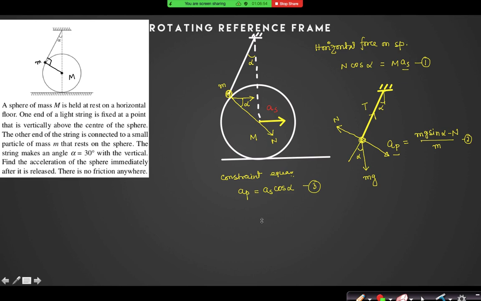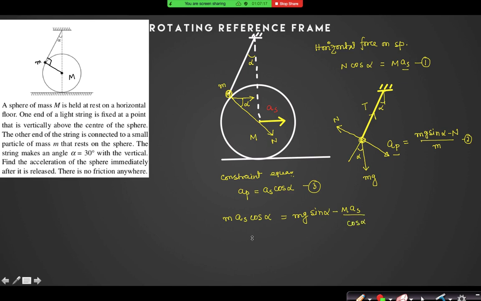What do I have to find? AS. So let me first eliminate AP. AP is equal to AS cos alpha. So m into AS cos alpha equals mg sin alpha minus N. Now the value of N is equal to M into AS by cos alpha.